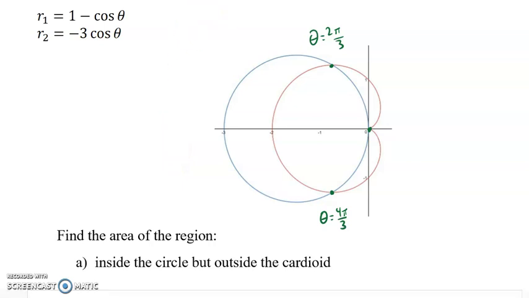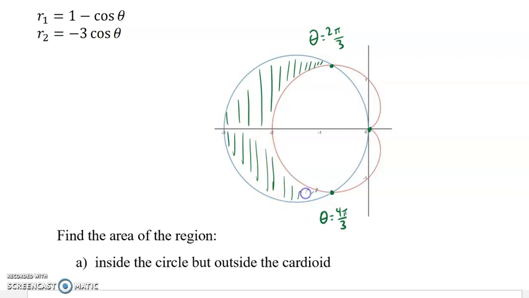Now, when I say each of these regions, we basically have three different types of regions. We have the area inside the circle, but outside of the cardioid. That's this crescent shape over here. Maybe I'll shade that in green. And then we have the area in both of them.